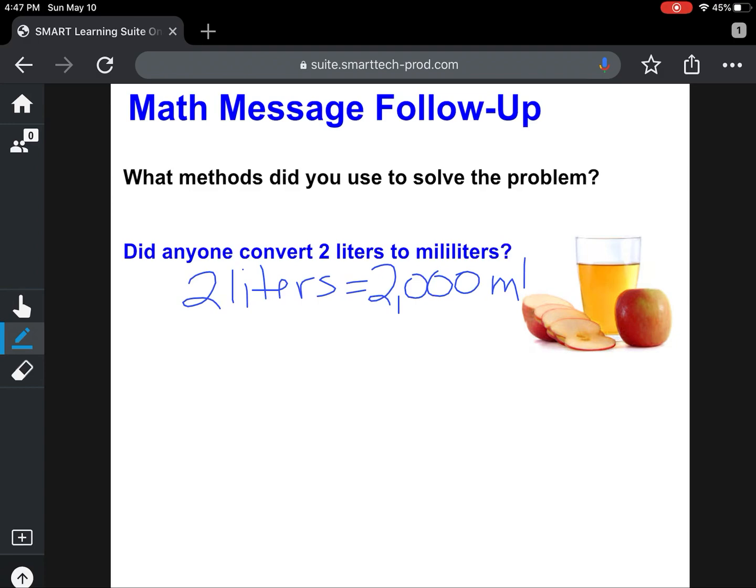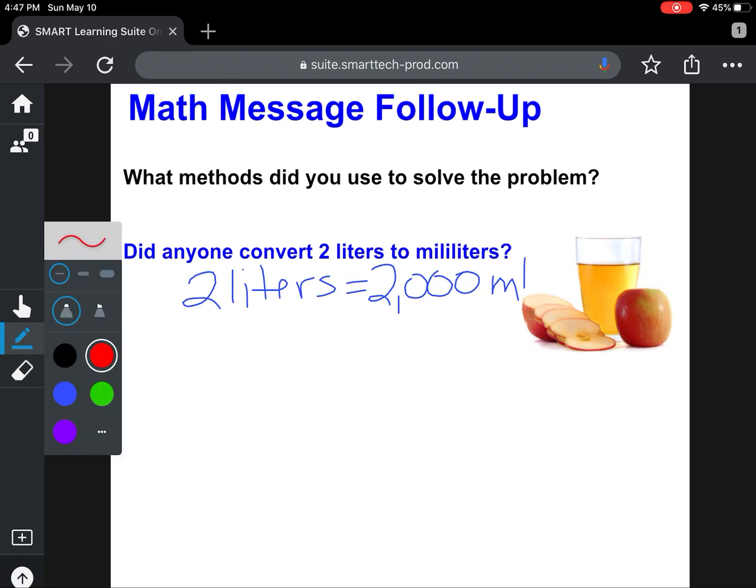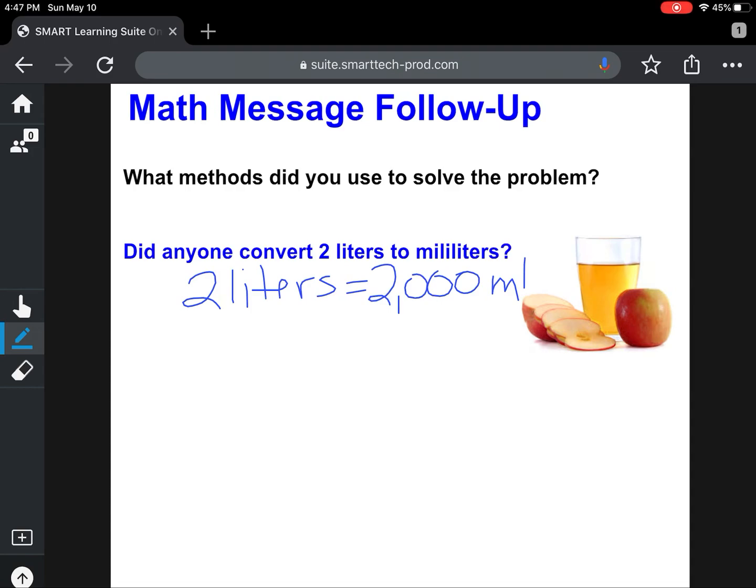So hopefully that was your first step, to take your 2 liters times 1,000 to get your milliliters. But after that, what did you have to do? We know that Emily from the math message has 2,000 milliliters of juice, but she's dividing it or sharing it into 8 separate glasses.